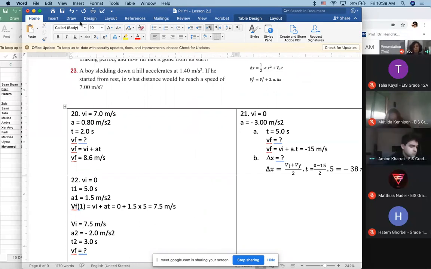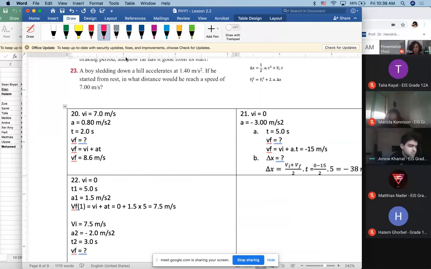All right, I don't know if you can agree with me or not. Let me draw it in here. You have 2 parts of the trip, okay? I'm gonna divide it into 2. In this section, you have V initial, you have V final, you have acceleration, you have time, and so forth.